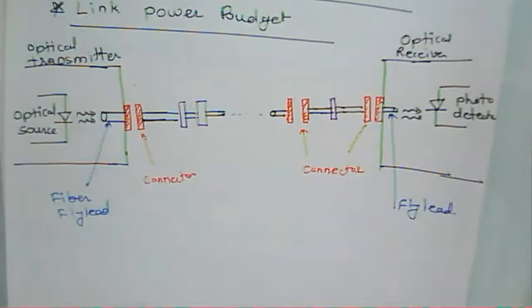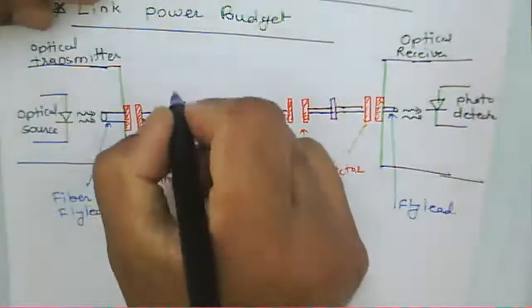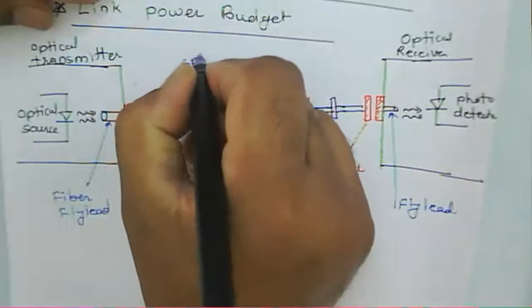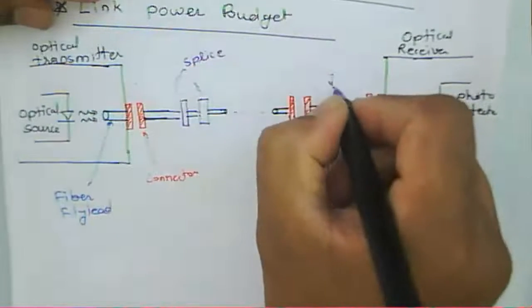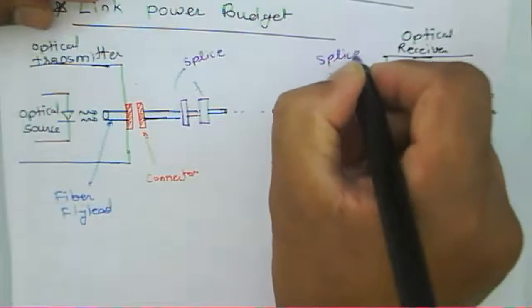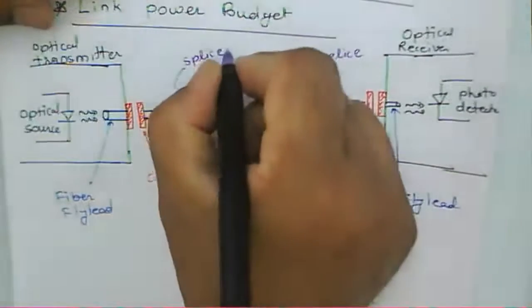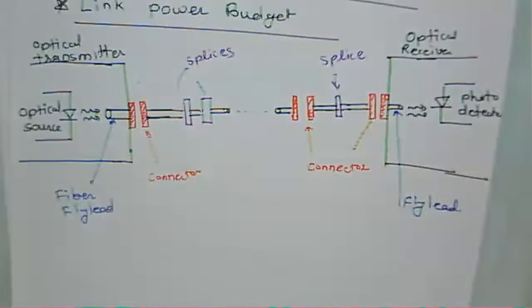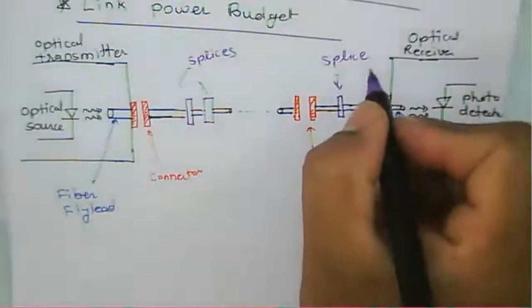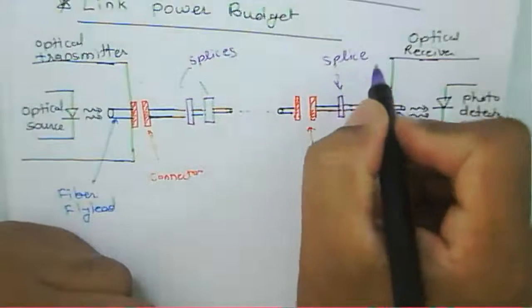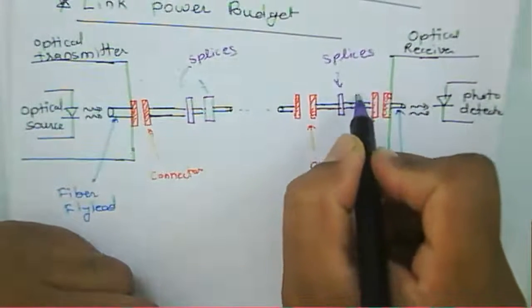Then in between, these are the splices. This one we can say again a splice. These are the two splices. There may be multiple splices like that.